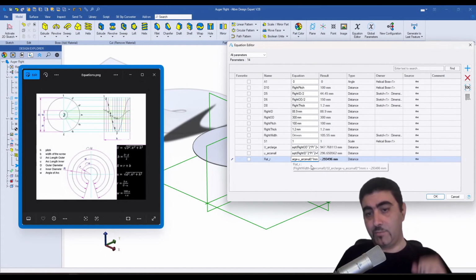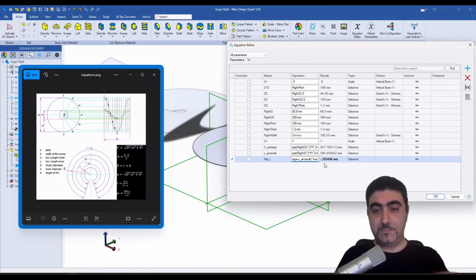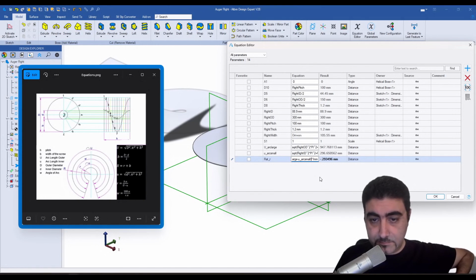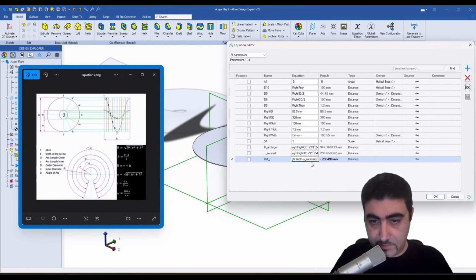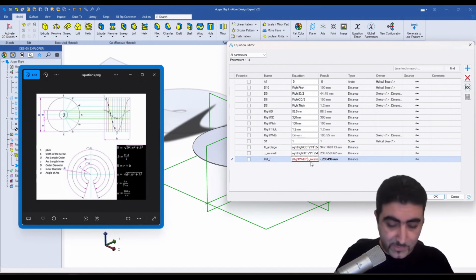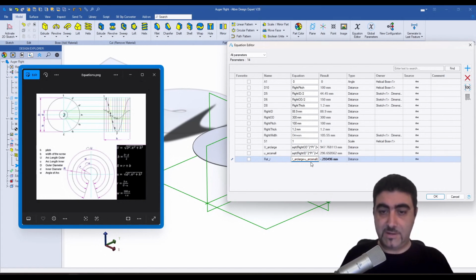Okay, so the reason this didn't work: I'm getting a negative number here, and I think I know why. It's because I subtracted here and I should have multiplied. And now that I've multiplied, I no longer need this for dimensionality.